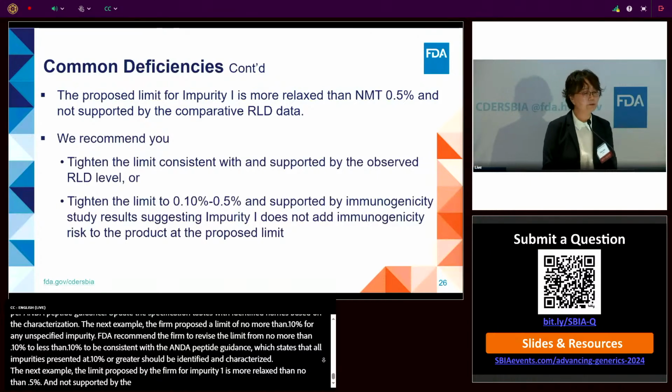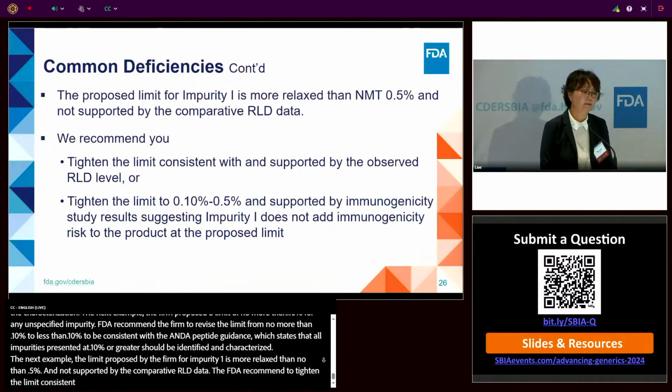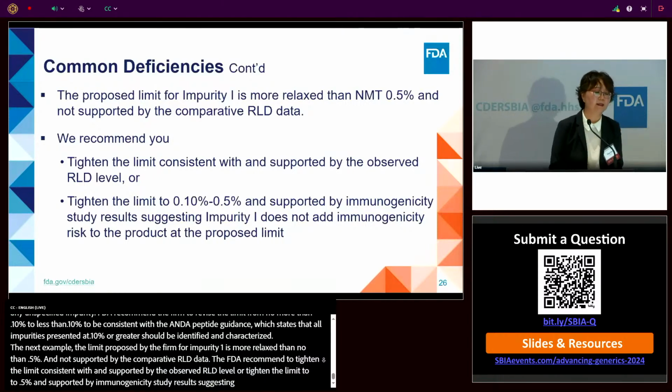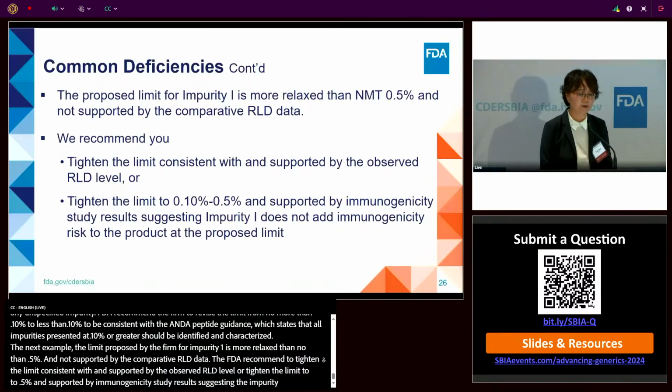FDA recommends the firm to tighten the limit consistent with and supported by the observed RLD level, or tighten the limit to 0.10 to 0.5% and supported by immunogenicity study results, suggesting the impurity 1 does not add immunogenicity risk to the product at the proposed limit.